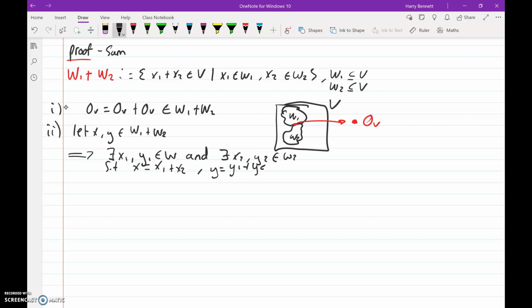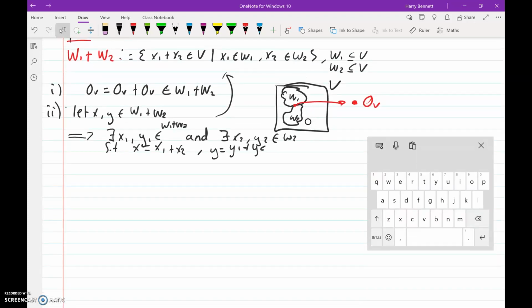So this is in W1 plus W2, we know this from the definition.